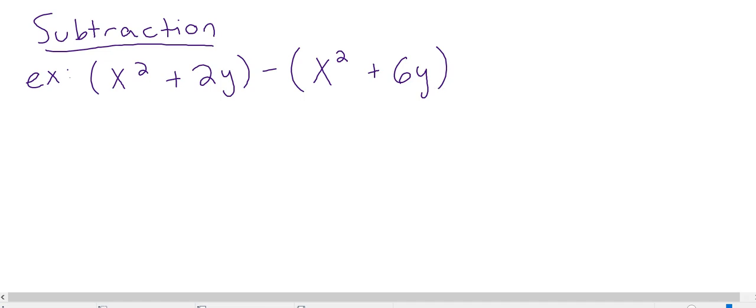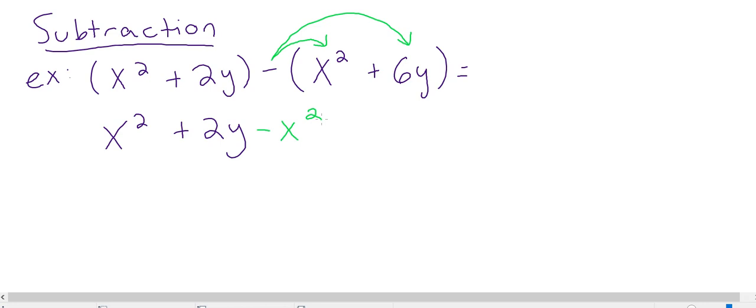We have to distribute the minus sign over the first term and over the second term. So let's rewrite the question. The first binomial stays the same. Then we distribute the minus sign over the binomial that's after it. So this becomes minus x squared, and then we have to put a minus before the 6y also. It becomes minus 6y. And let's solve this now.